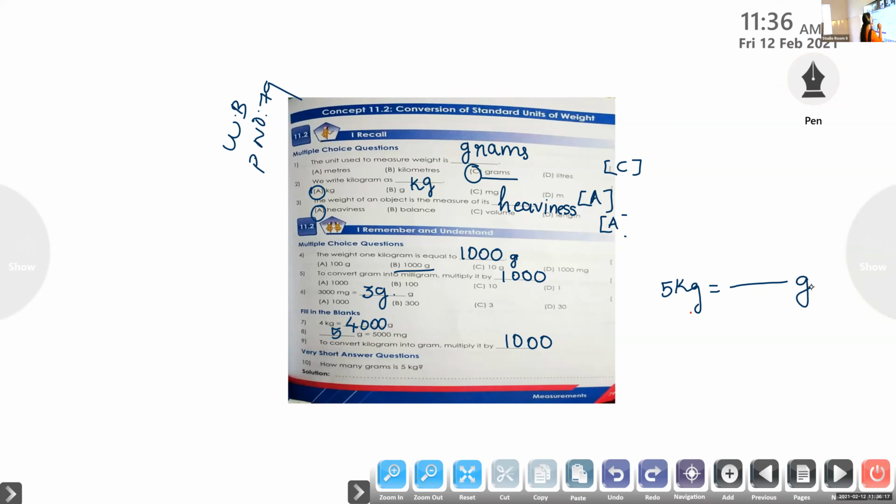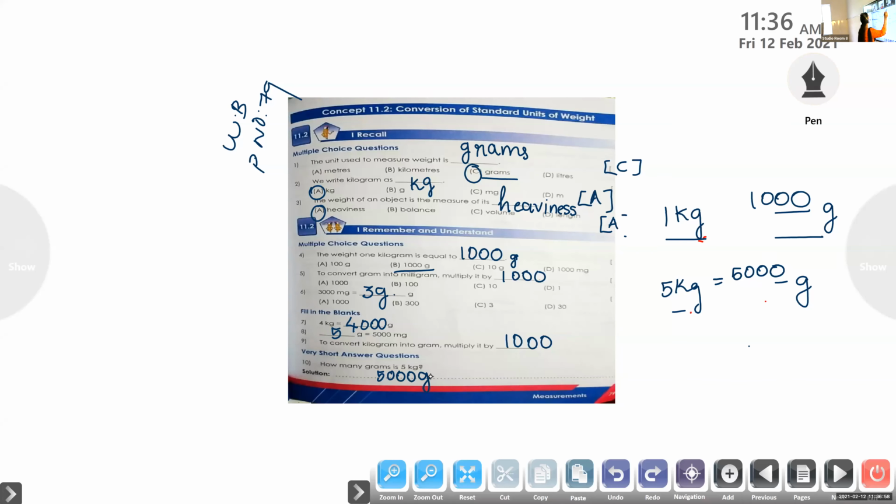You want to say 5 kilogram is equal to how many grams? 1 kilogram is equal to how much gram, my dear? 1 kilogram, how many grams? 5,000. Okay, 1 kilogram equal to how many grams? 1000. Very good. So 5 kilogram equal to 5 into 1000? 5000 gram. 5 kilogram equal to 5000 grams. Very good.